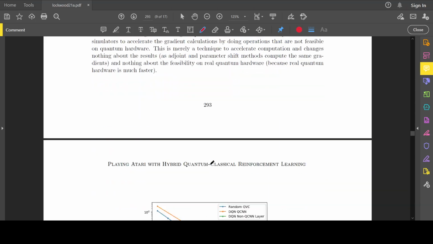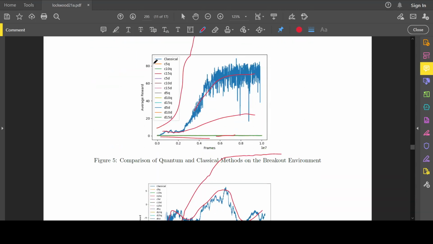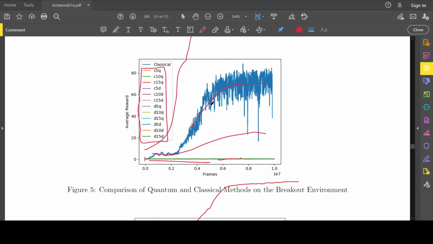But on the two Atari games, all quantum systems, you can see this nice little legend right here. All of them are right in here. Maybe I can zoom in. There we go. All of them are right in here at 0. Can't learn a thing.